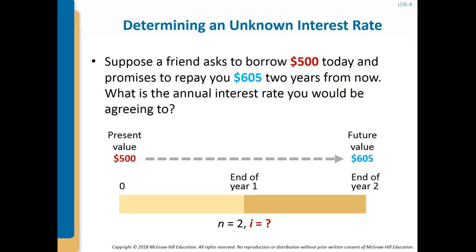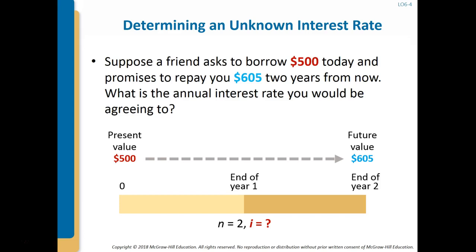There are 4 variables in the process of adjusting single cash flow amounts for the time value of money. It's the present value, the future value, the number of compounding periods, which would be n, and then the interest rate. If you know any 3 of these, the 4th can be determined. Suppose a friend asks to borrow $500 today and promises to repay you $605 2 years from now.